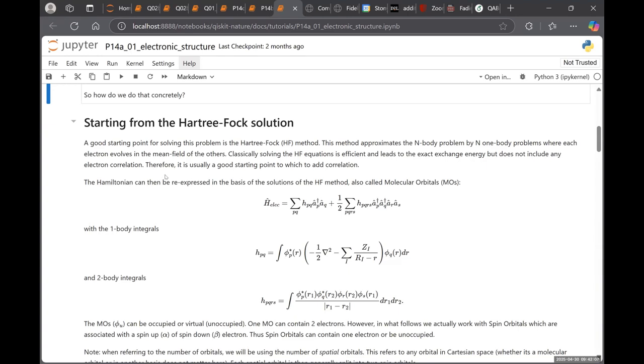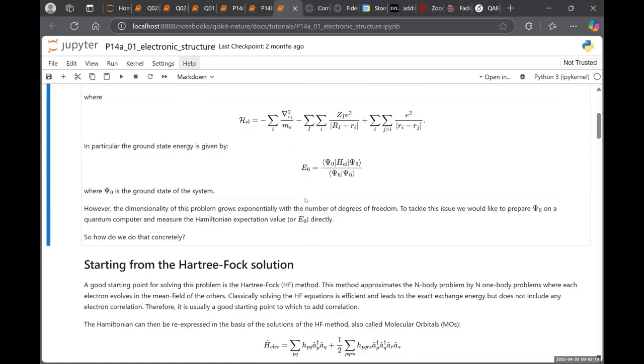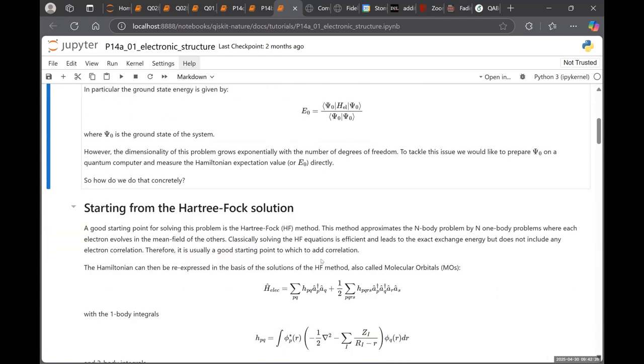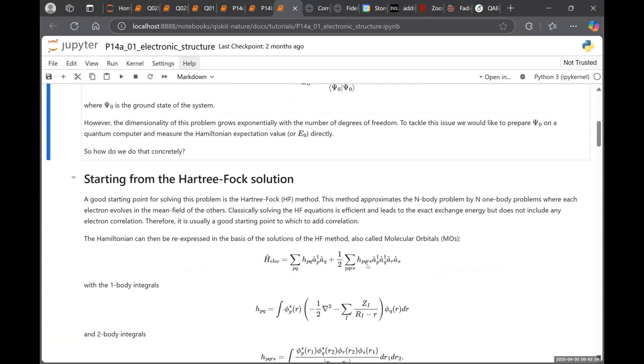So what we're going to do is write the electron Hamiltonian in this second quantized form, and these h_pq represent the coefficients that derive from this Hamiltonian in some approximation or Hartree-Fock approximation, and you calculate what they call the one-body term and two-body term.